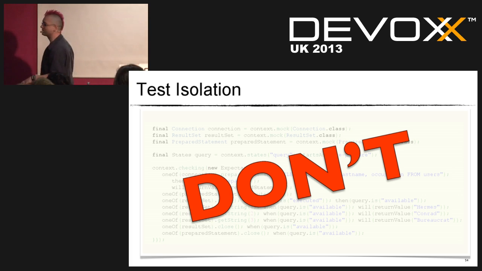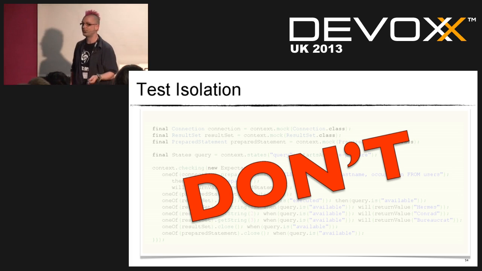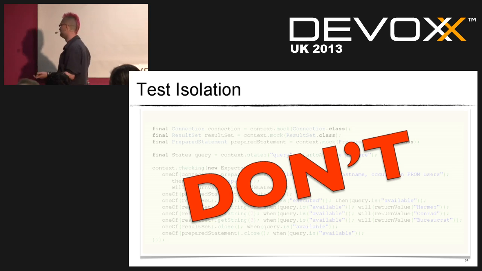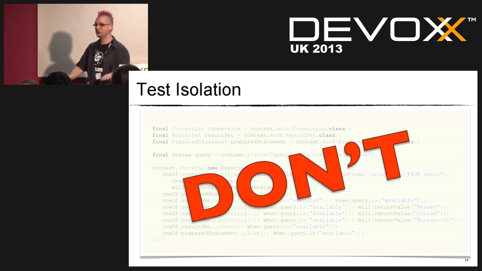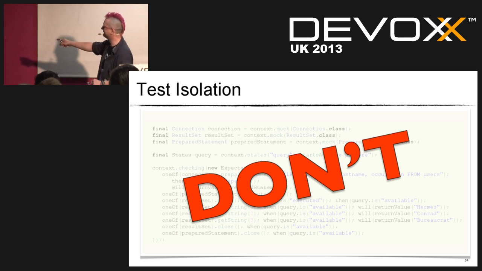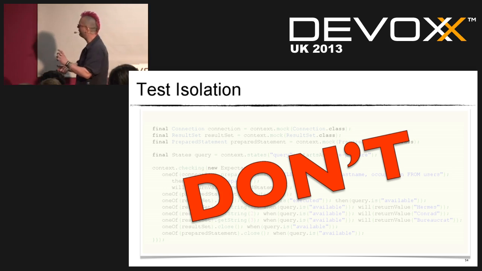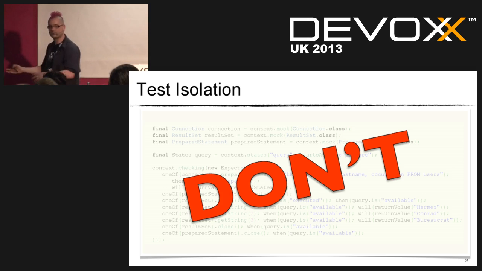This is all mocking stuff just to read one row from a database and get two values out of it. There are so many questions on Stack Overflow about how to do this, and the answer is always just do not do this. This doesn't actually work either. I didn't actually run it, but I'm fairly sure you can call a few things out of sequence and the test will still pass.